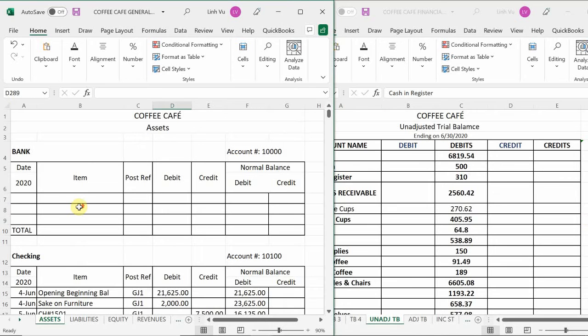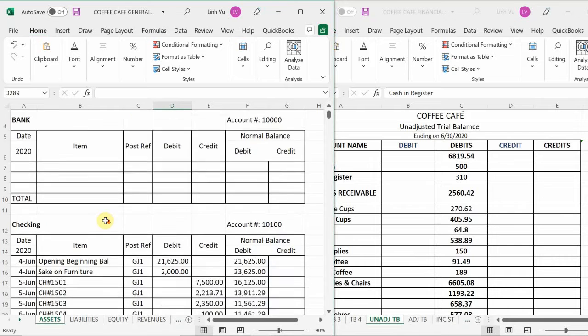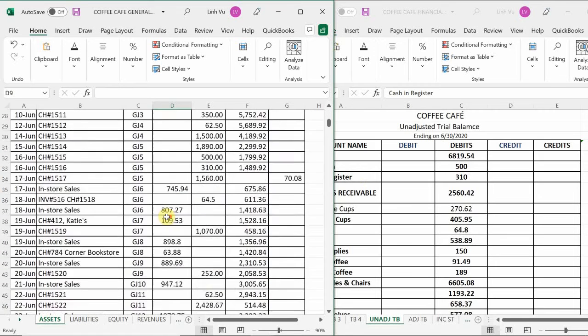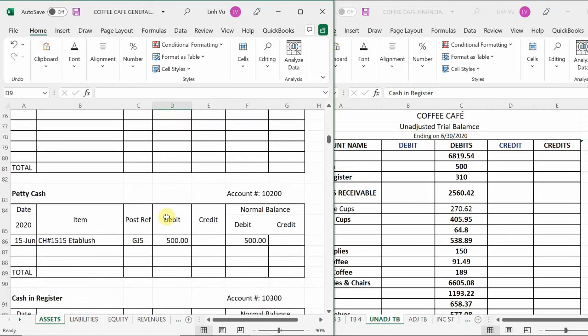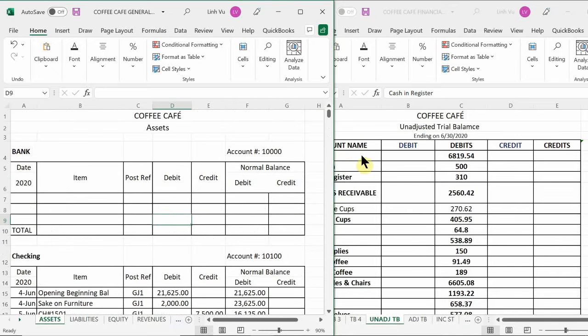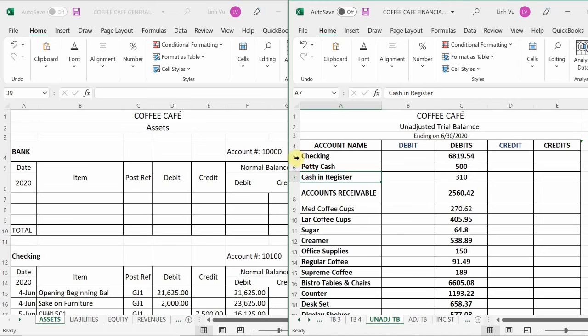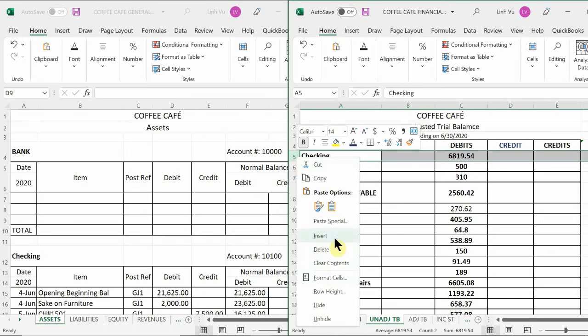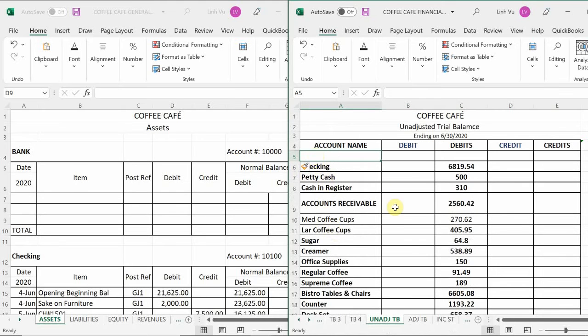Okay. So for example, we're going to start off with the very first one, which is my bank account. My bank account consists of my checking, my petty cash, and my cash in register. So let's go ahead and start with that one first. I'm going to click this and insert a row above it, and I'm going to name this one the bank account, right?